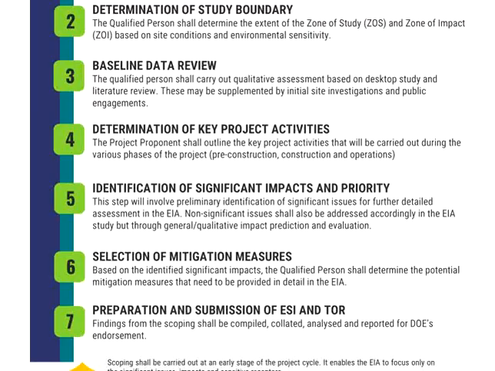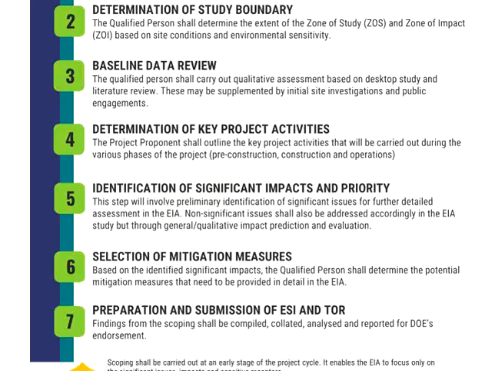The next step now will be the identification of significant impacts and priority. Again, we are still at the early stage of the environmental impact assessment, which is before the first milestone of establishing the terms of reference. Therefore, this process of identifying the significant impacts and priority is basically a brief one, at the preliminary identification.